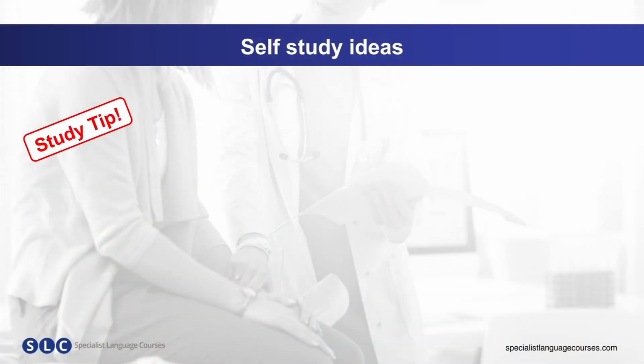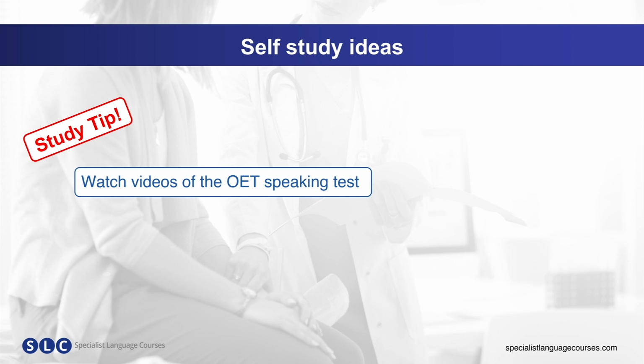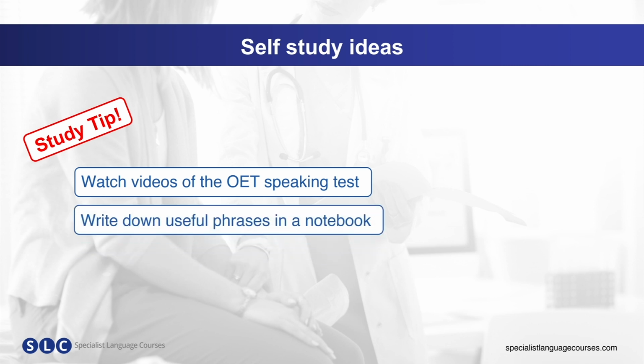It's a good idea to build up a bank of functional phrases that you can use in different OET role plays. Think of useful phrases for things such as empathizing, persuading, or giving advice. How can you do this? You can watch OET sample speaking tests on the OET official YouTube channel. Note down phrases that you can use for different functions, such as empathizing or giving advice, and use a notebook or keep it digitally.